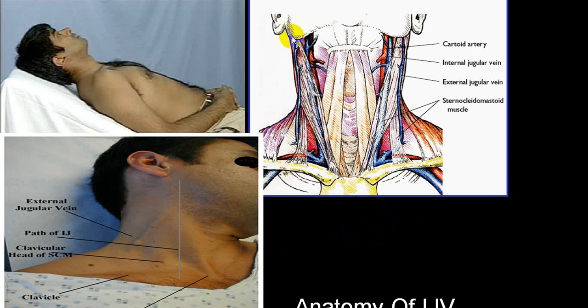So this is sternomastoid. This is internal jugular. The major portion is behind the sternomastoid, and a small portion will come here, which will be just below the skin, medial to sternomastoid and lateral to trachea. And if you look here, you can see the carotid artery is medial and the internal jugular vein is lateral.